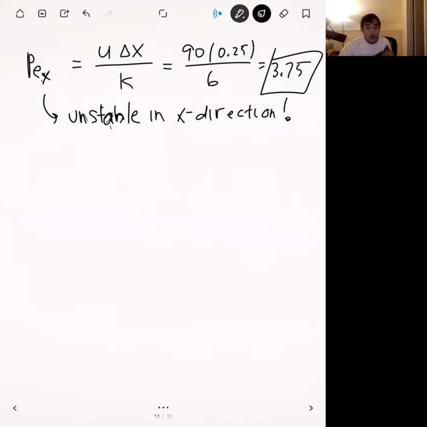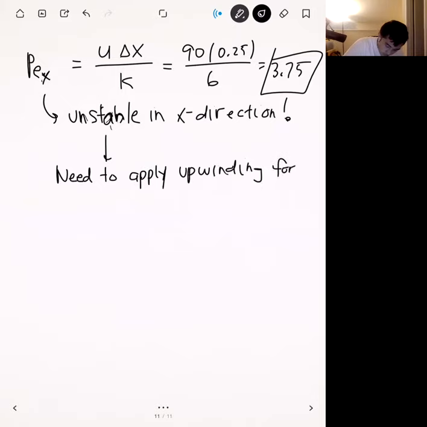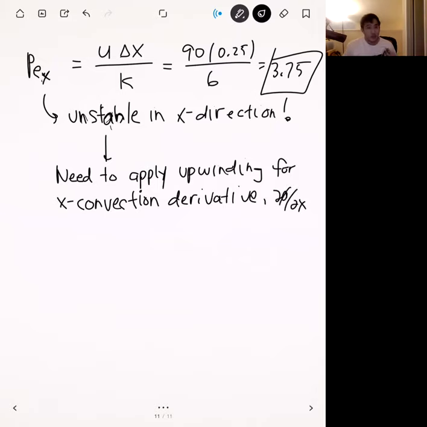What we're going to need to do is apply upwinding for the X convection derivative. Right. And so we're going to need to apply an upwinding finite difference scheme for this guy.